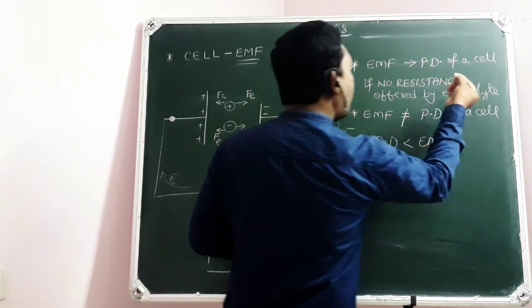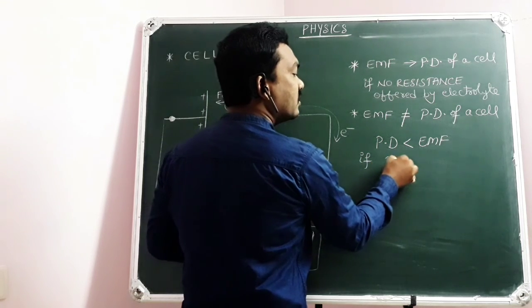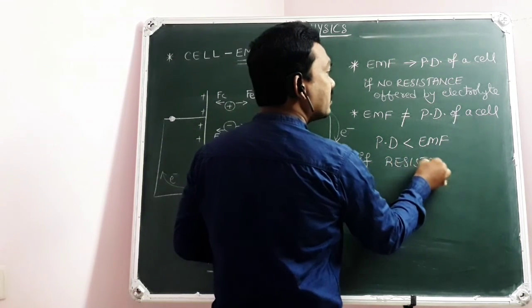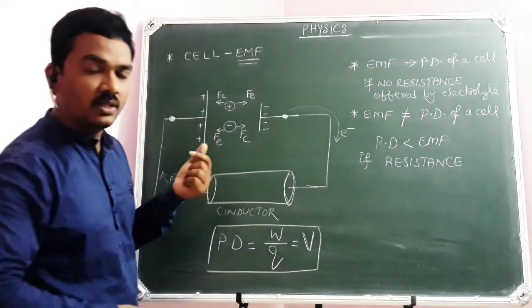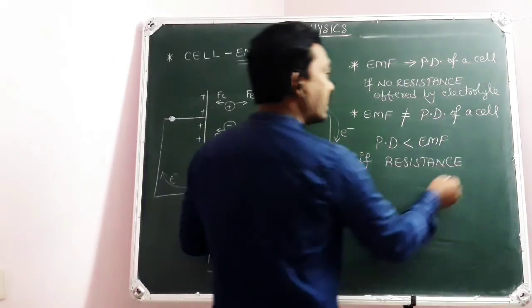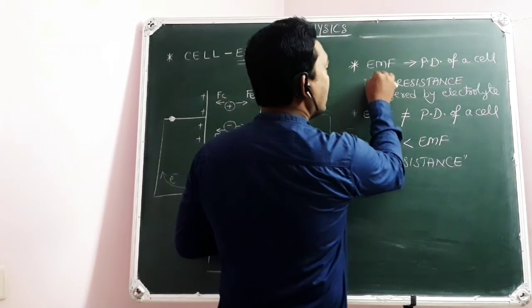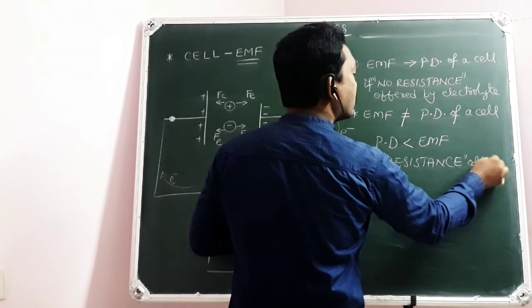But the electrolyte may offer some resistance. The electrolyte may offer some resistance due to the huge number of ions within the electrolyte, because of collisions among themselves, due to electrostatic forces of repulsion.